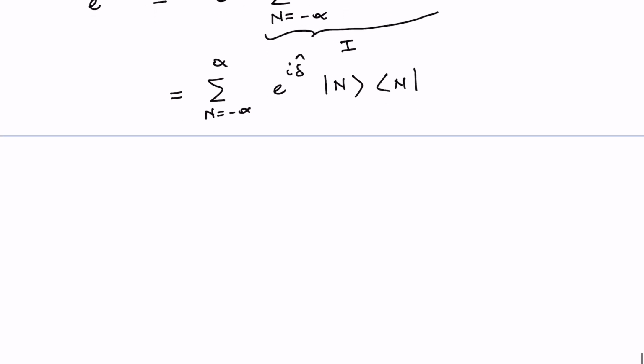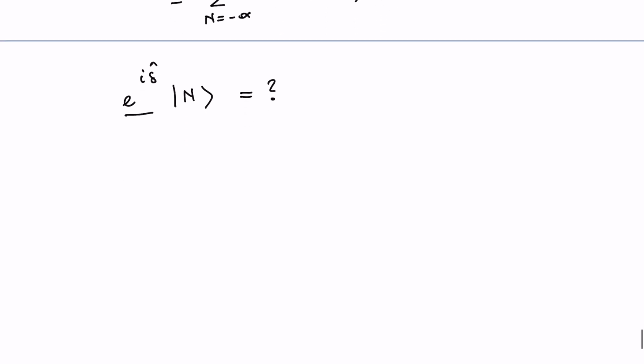So first of all, we have to find out what this quantity is. If I operate on this number ket with the operator e to the power i delta, what are we going to get? To do this, let me write e to the power i delta in this form, because again I can introduce the identity operator in terms of the phase.